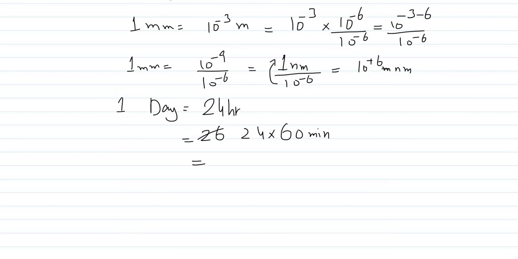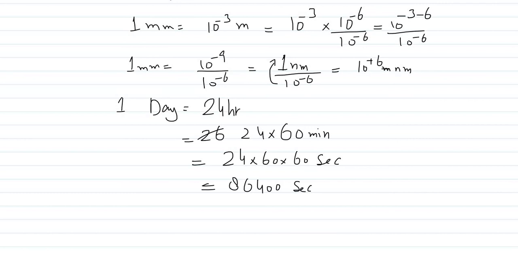Now we convert these minutes into seconds. So here we get 24 multiplied by 60 multiplied by 60 seconds. When we multiply, we get 86,400 seconds.